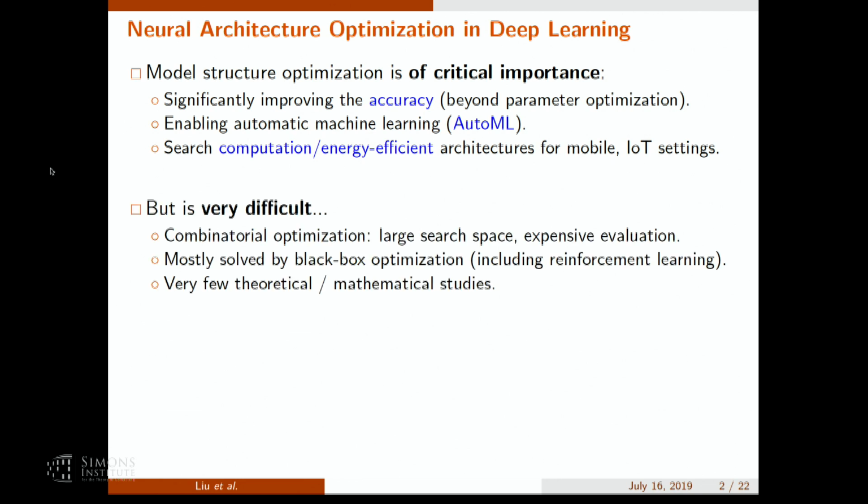Unfortunately, architecture optimization is a very difficult problem. It's a discrete, combinatorial optimization problem with a very large search space and a very expensive evaluation process. And mostly in the literature, even though we have developed a huge literature on architecture search, most of it is based on black box optimization procedures, such as evolutionary algorithms or policy gradient reinforcement learning in general.